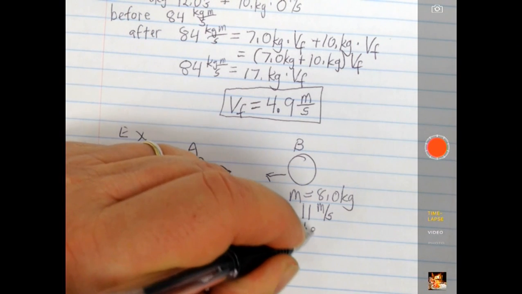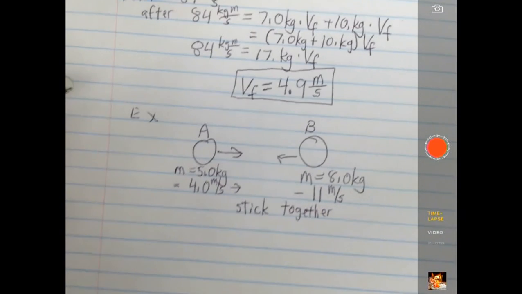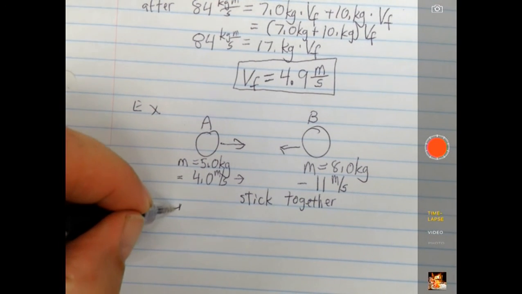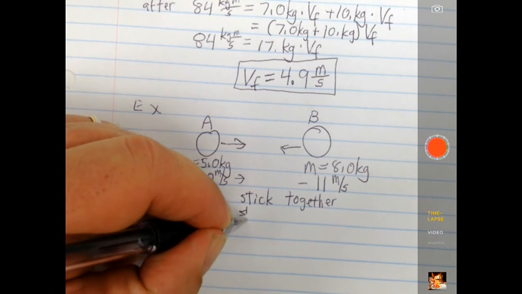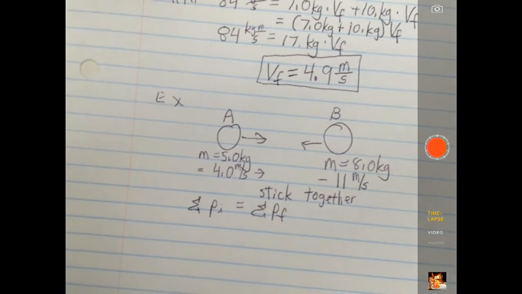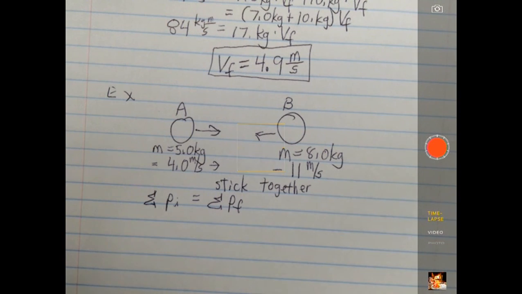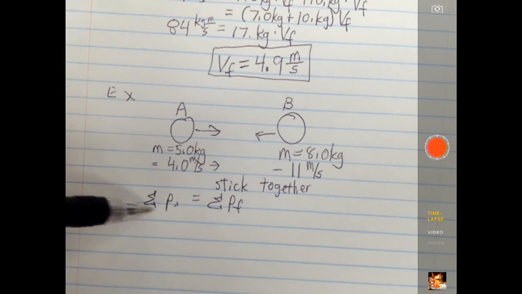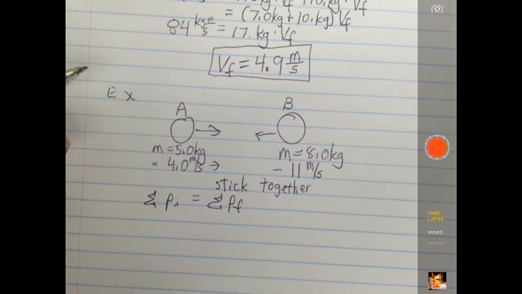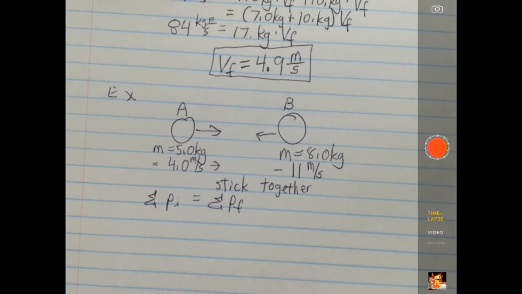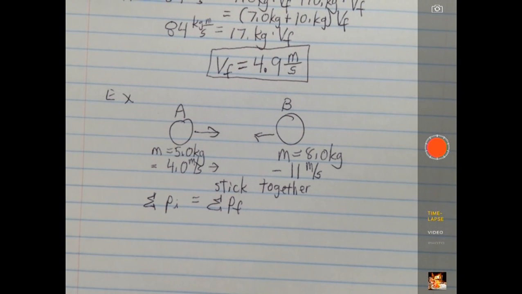What is the final momentum? Well, the sum of all the momenta before they collide is equal to the sum of all the momentum after they collide and stick together. Even if they don't stick together, this statement is always, always, always true. Oh man, here's the timer that says we've just reached the end of the period.